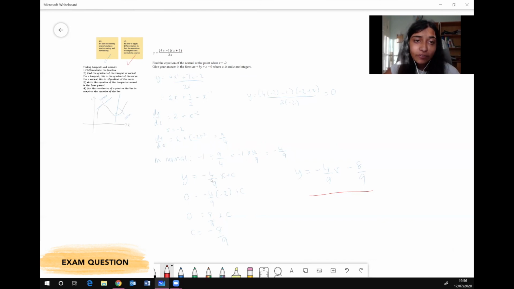And remember that for a normal, it's -1 over the gradient of that. Then you can write your equation of a line normally, and if they've only given you one point, find the other coordinate by plugging in x equals -2, or whatever your x coordinate is, and that should give you your answer.